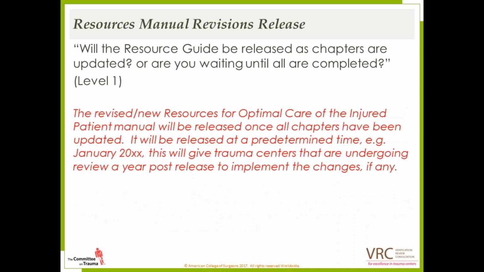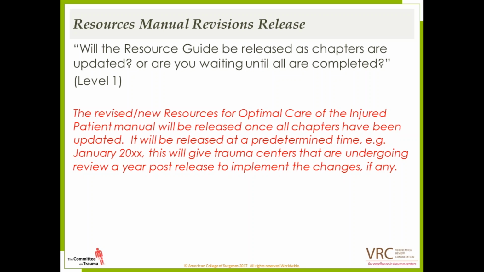Will the resources guide be released as chapters are updated, or are you waiting until all are completed? We're going to be waiting until all chapters are completed. So we're not going to release as a chapter is updated and approved. That's not going to get released. Once all the chapters have been updated and everything is released, there's going to be a predetermined time frame.